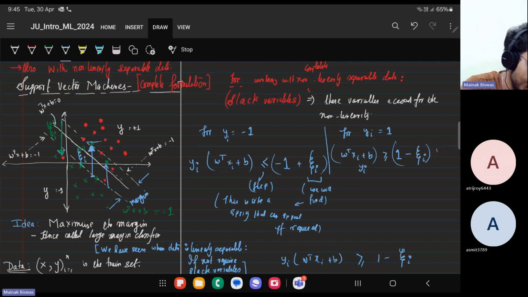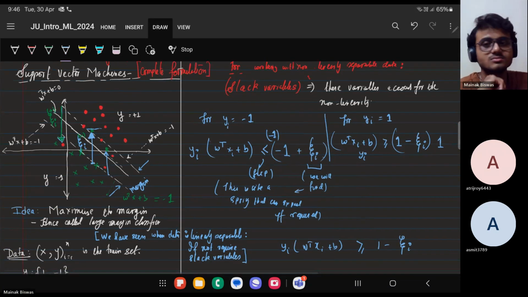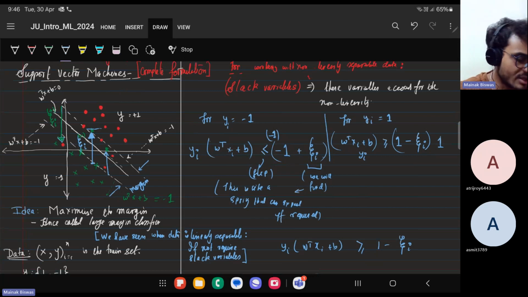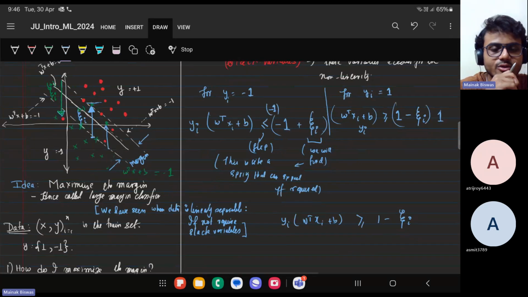I multiply yi on both sides. Correct or wrong? You can ask me. I've done this once in the last class, but I'm doing it again today.